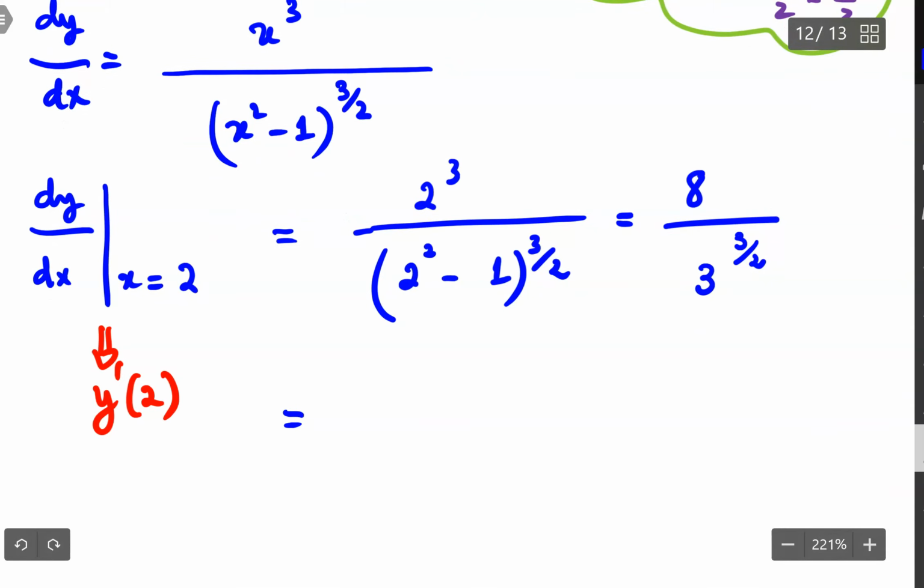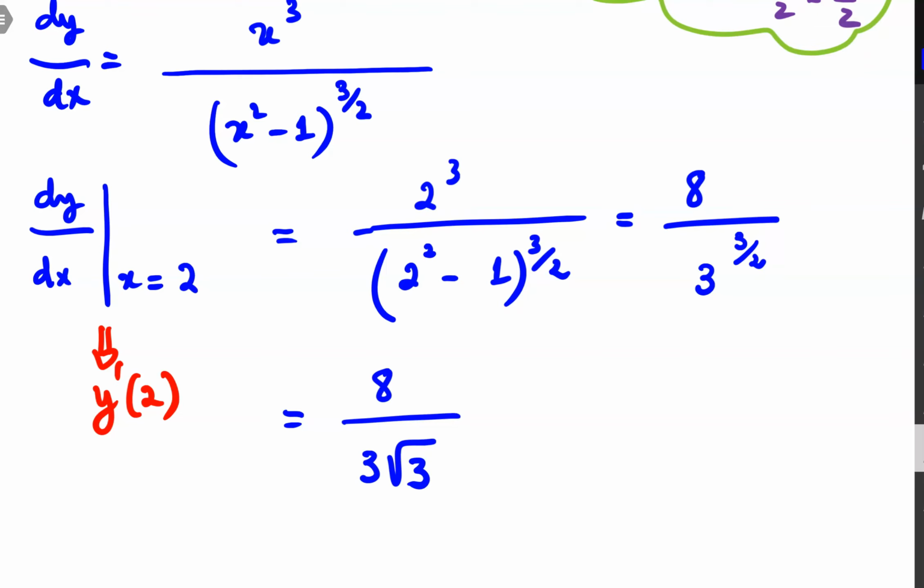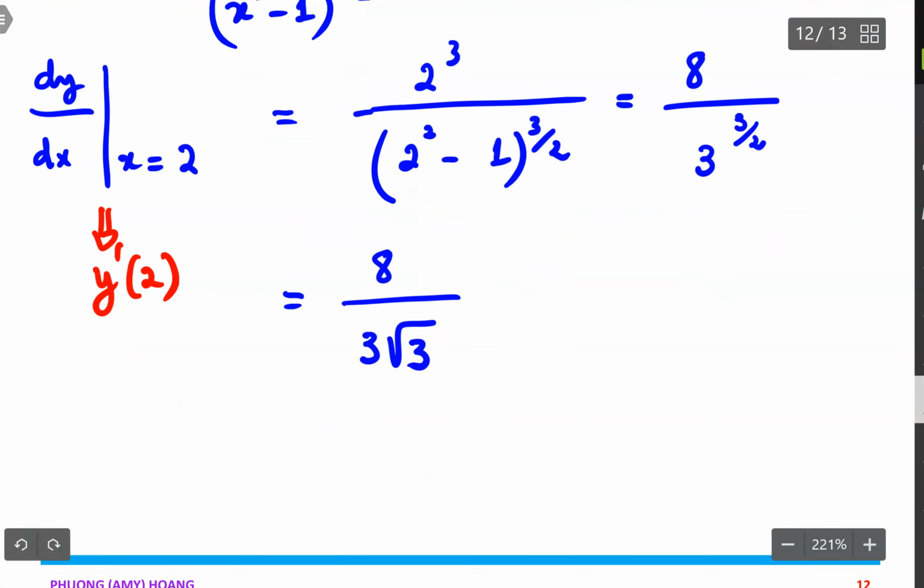So if you want it to look good, I will be writing it as 8 over 3 square root of 3 as one of the answers, because 3 raised to exponent 3 over 2 will be, okay, so a lot of algebra that I need to remind everyone in this case.